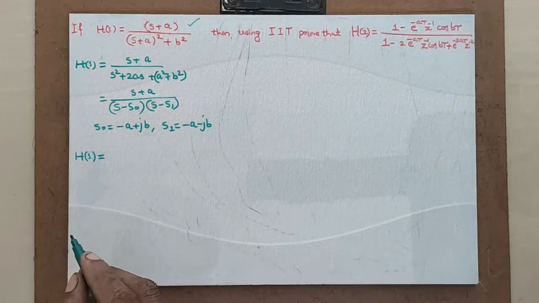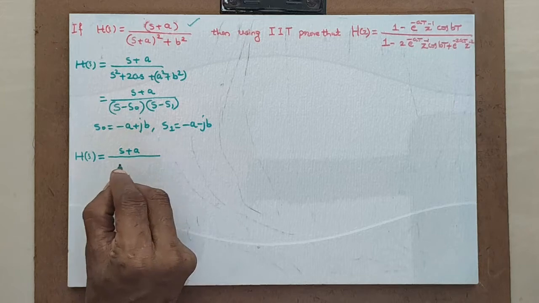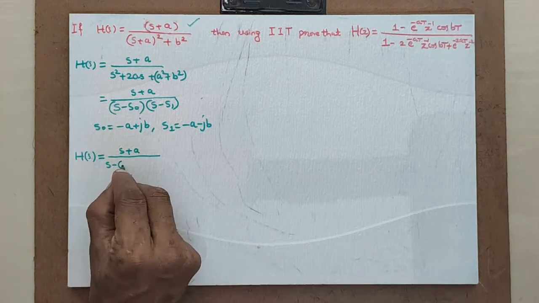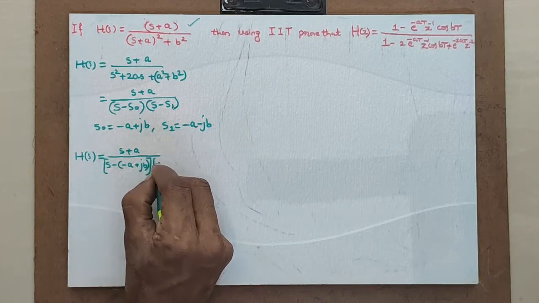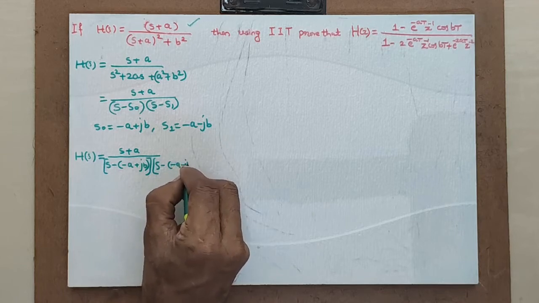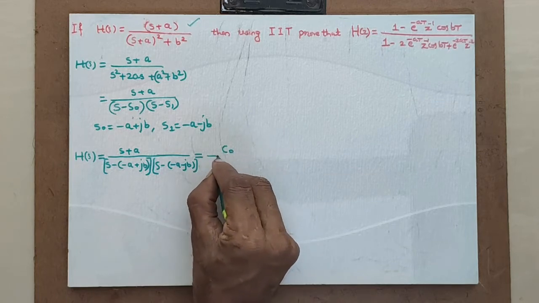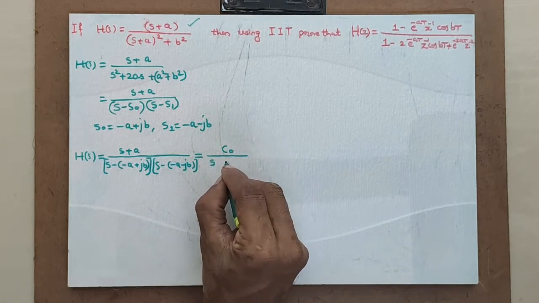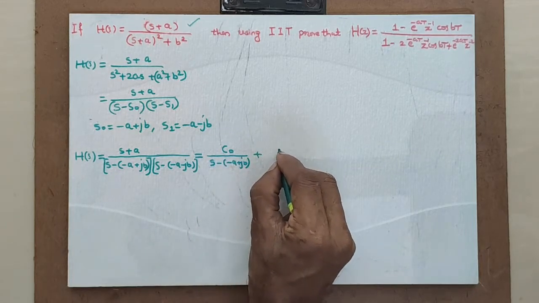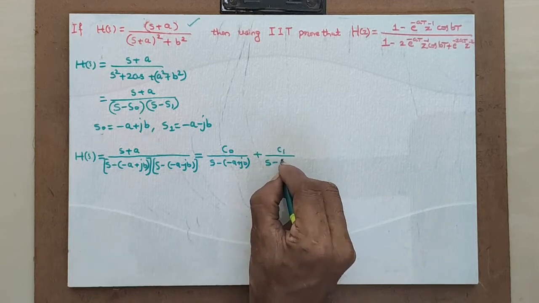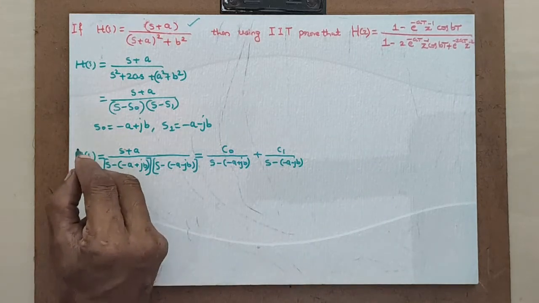Hence H of s is given by (s plus a) whole divided by (s minus s0), s0 meaning minus a plus jb, times (s minus s1), minus a minus jb, is equal to C0 divided by (s minus s0), minus a plus jb, plus C1 divided by (s minus s1), minus a minus jb. Okay, I have expanded this using partial fraction expansion.